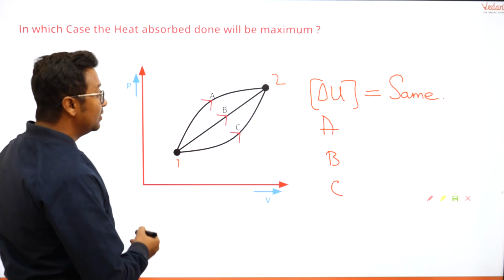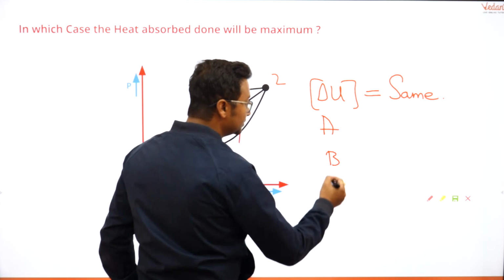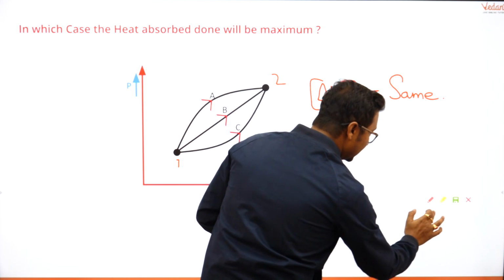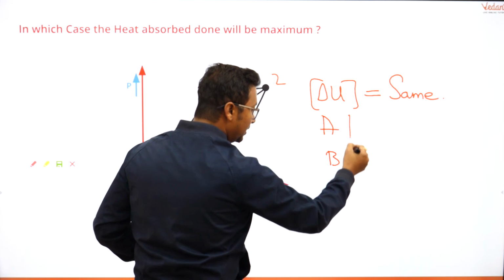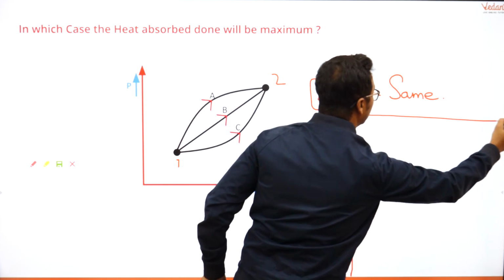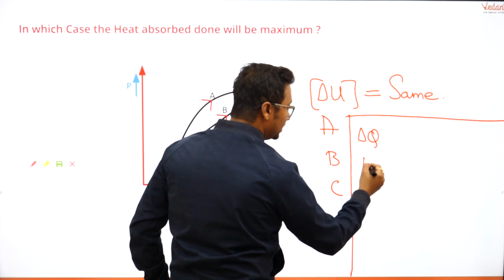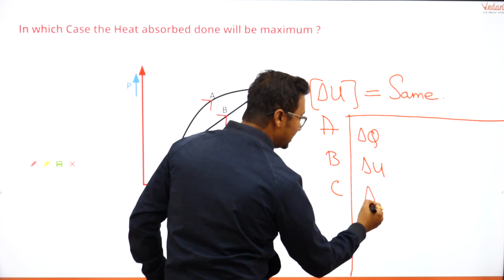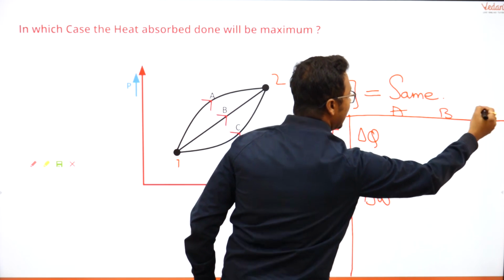Now, the other aspect that we look at here: let's remove this and draw a table of delta Q, delta U and delta W for processes A, B and C.